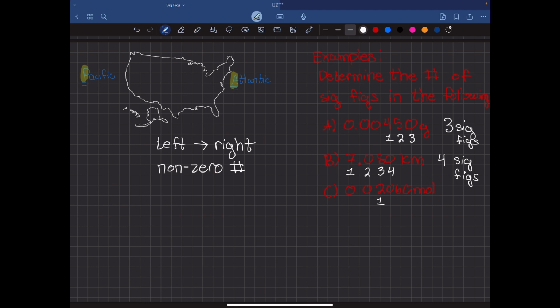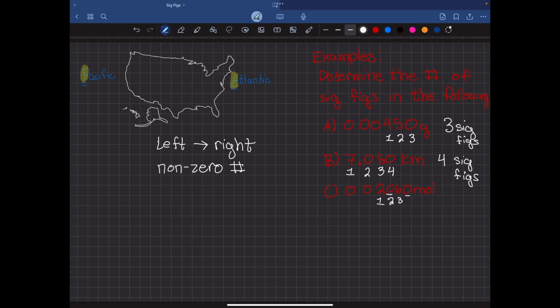Now, remember what I said on example B. Once we count our first non-zero digit, everything to the right of that, even if it's a 0, is considered a sig fig. So this 0 is also a sig fig because it is after our first non-zero digit. Next, this 6, definitely a sig fig.